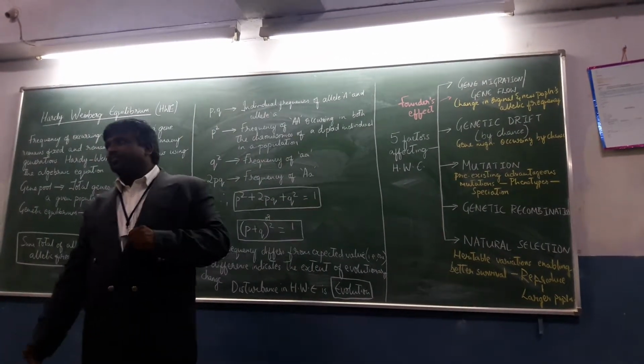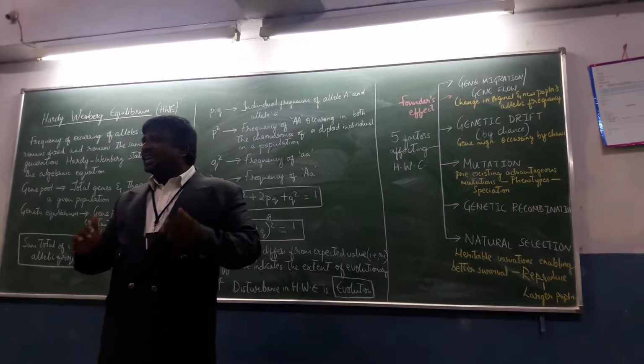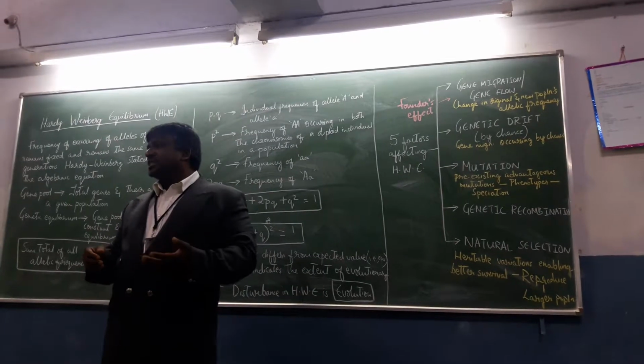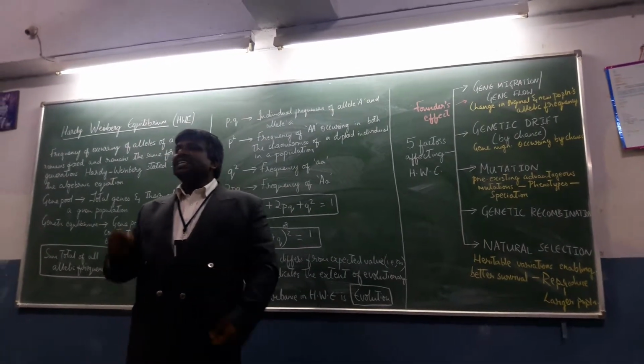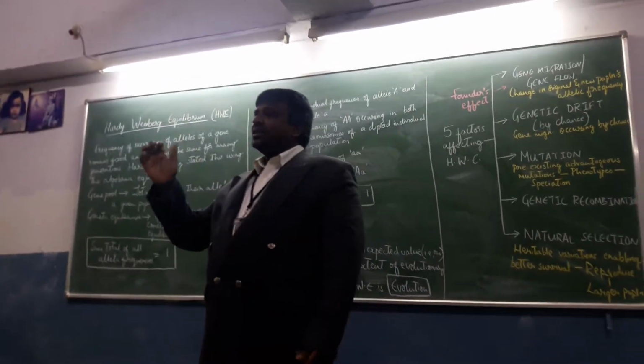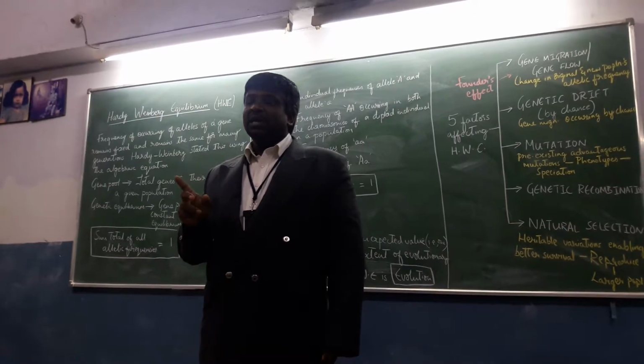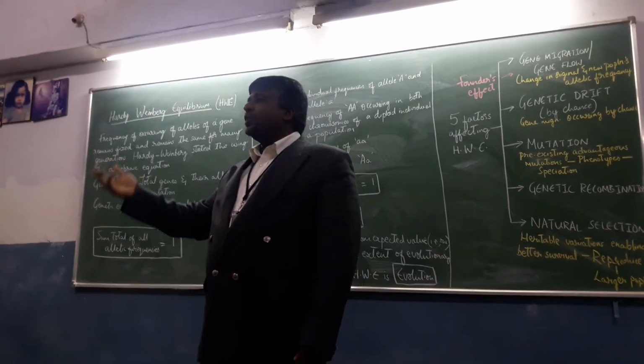Then mutation. Mutation also disturbs the Hardy-Weinberg equilibrium, and that leads to formation of new species. What is mutation? Any sudden change in the structure of gene sequence or chromosomal structure, we call it mutation. Chromosomal mutations and gene mutations both count.